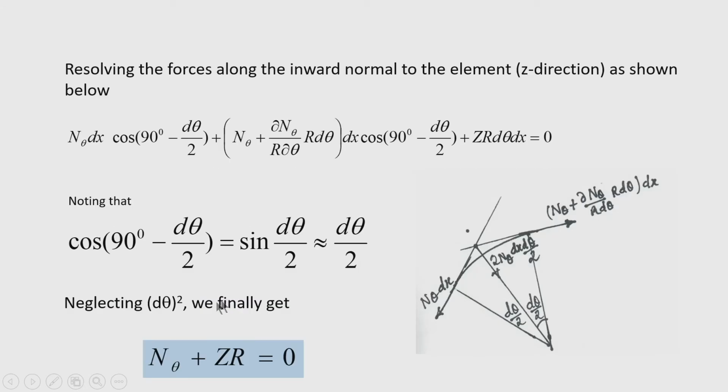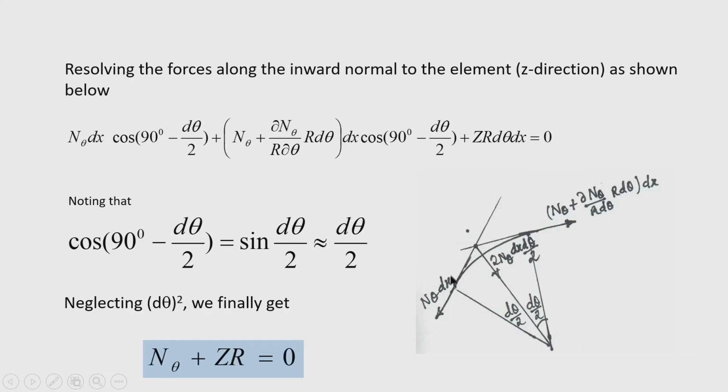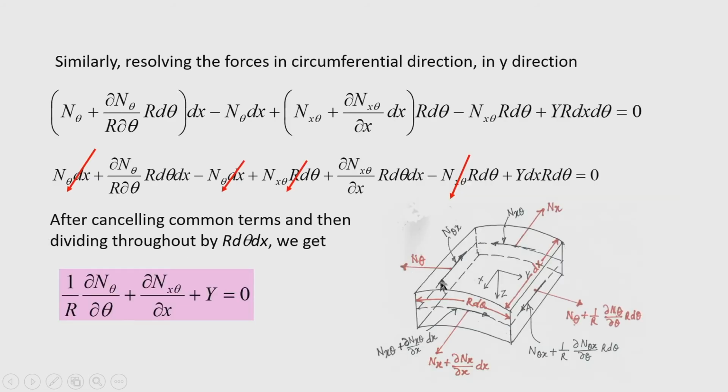Now, let us resolve the forces along the radial direction and then sum it and equate to 0 to establish the equilibrium in the radial direction. You can see here that this is the element along the circumferential direction whose length is r d theta, but n theta dx acts along this direction, that is parallel to the direction of generator.